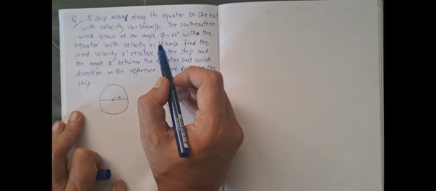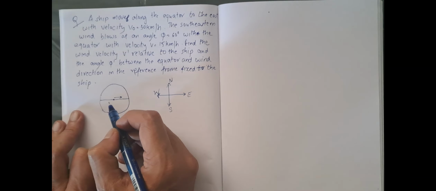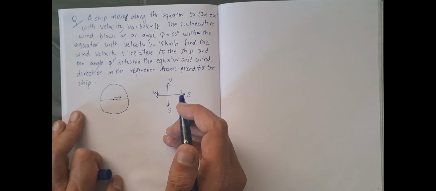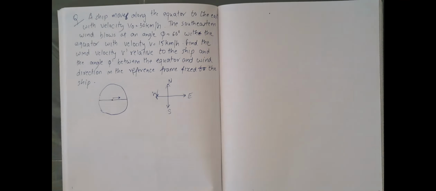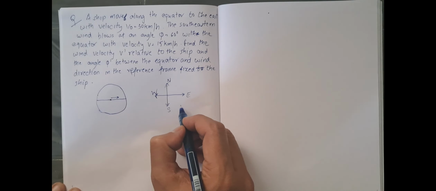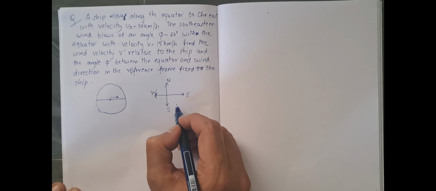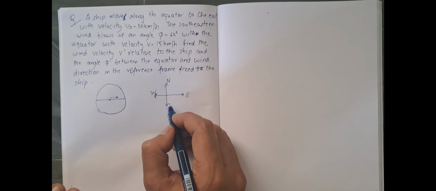And then there is this wind, which the question says is a southeastern wind. Southeastern wind means that the wind blows from the southeastern direction. So this is south, this is east, this is southeast. So southeastern direction means this direction, and the wind blowing from the southeast means the wind blowing from here.